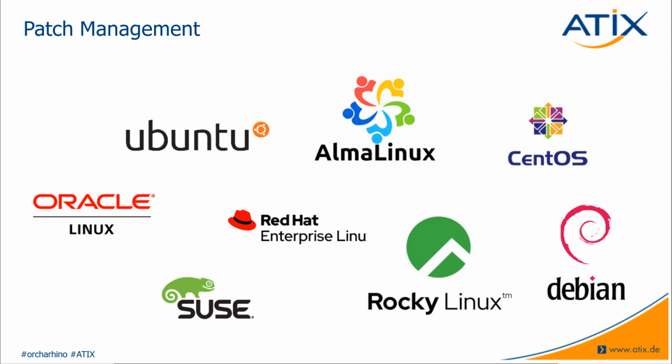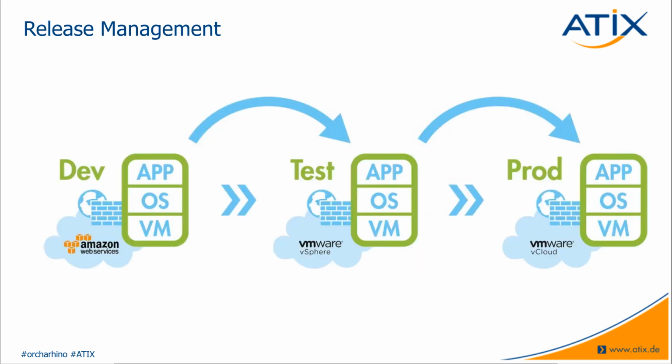The good thing is Ocarino can manage all of them. So if you have Ubuntu or Debian or CentOS or Alma or Rocky or Red Hat or Oracle or SUSE, Ocarino can manage the patches of all those operating systems. And there are even some more of them with more specialized use cases like Amazon Linux and things like that.